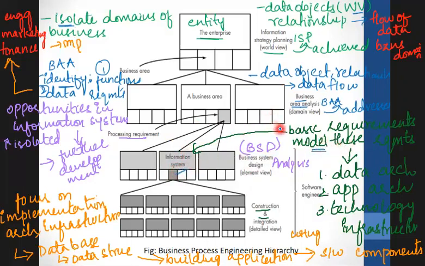That is, when you know the requirement, you can implement that in an architecture. You're going to implement these requirements into three different architectures, that is the data architecture, application architecture, and the technology infrastructure.